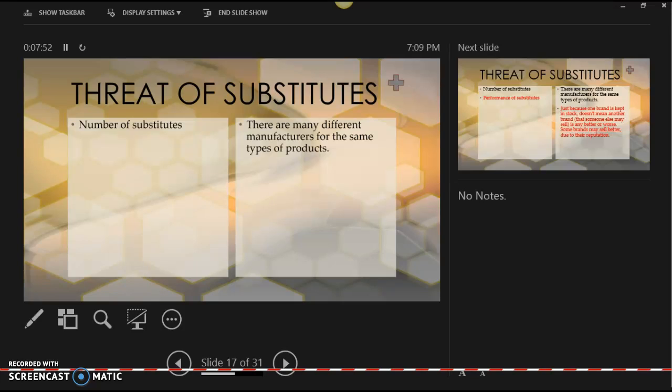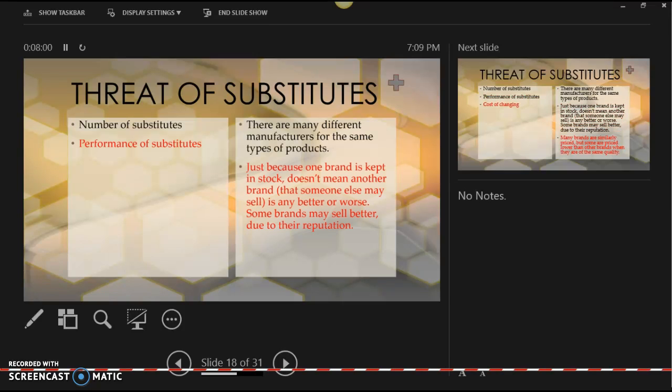So many different brands for the exact same product. The performance of those substitutes. Some do work better than others because they're made with higher quality parts, or maybe there's some sort of scientific method to the product itself and how it works. Maybe some sort of patented design that no one else can use.